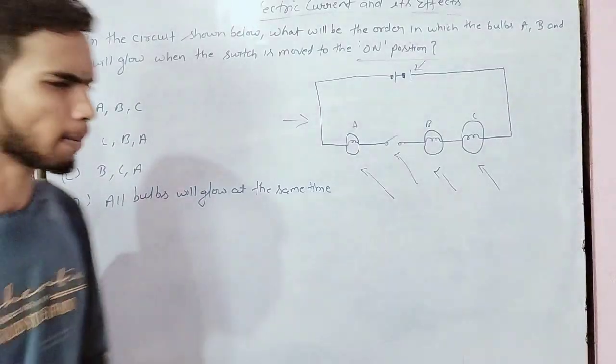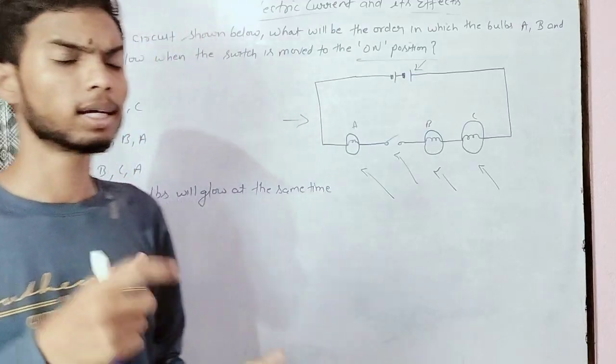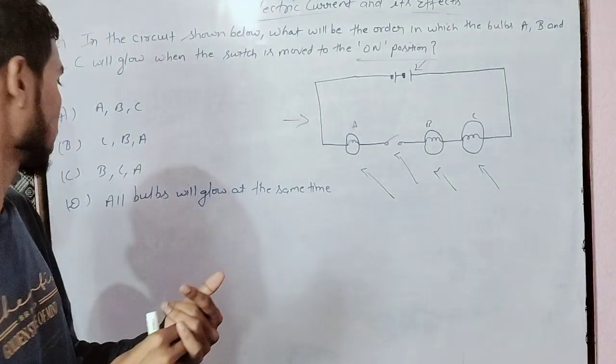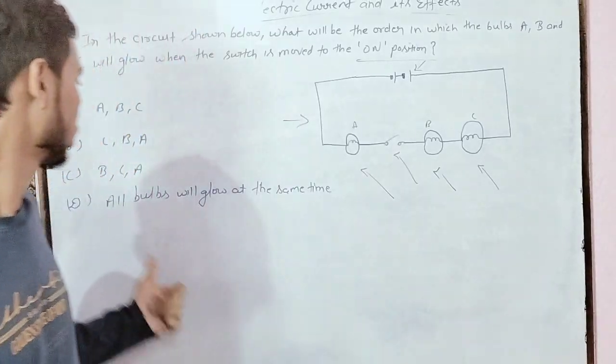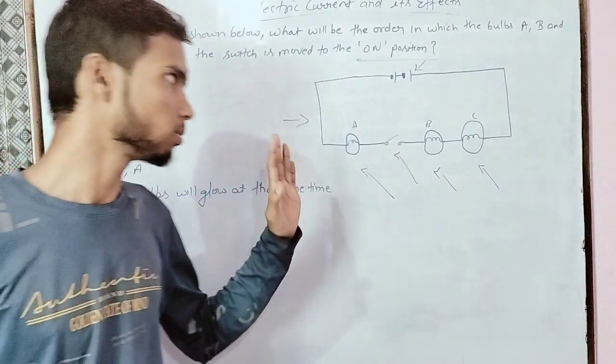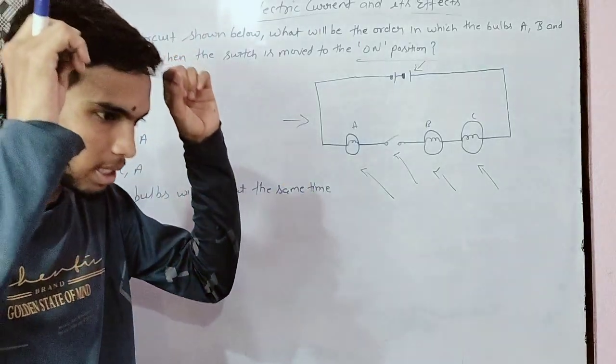The third option: bulb B will glow firstly, then bulb C, then bulb A. The fourth option, D: all the bulbs, A, B, C, will glow at the same time.